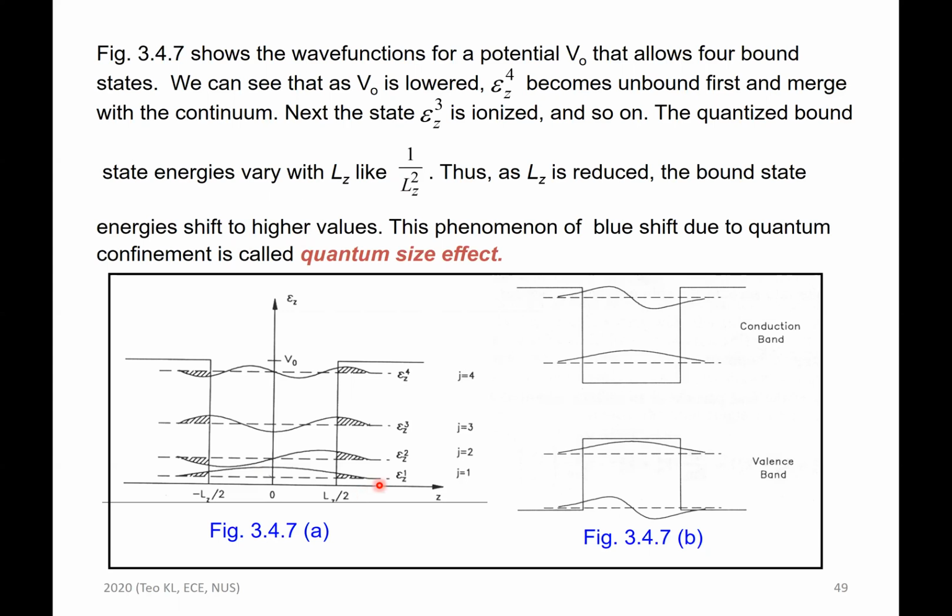So imagine this is your quantized state at n equals 1. As you decrease the well width, this state will push up, so it shifts to a higher energy. We call that the blue shift again, because it shifts to a higher energy or shorter wavelength, due to the quantum confinement effect. We call this the quantum size effect.